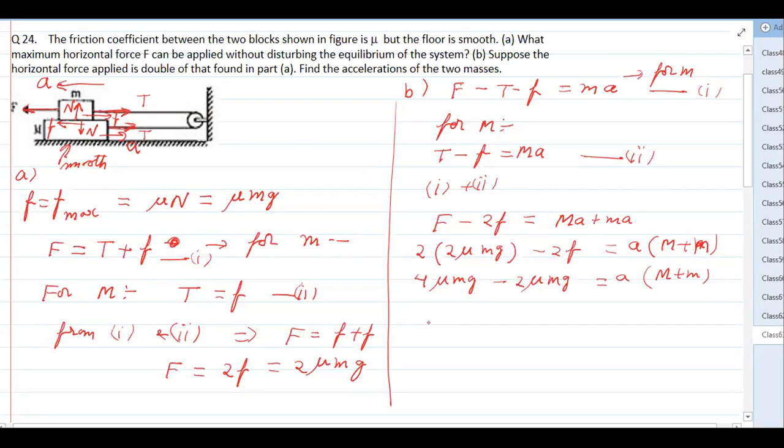So a will be equal to 2 mu mg divided by capital M plus small m. In this way we can calculate. So this will be the answer for the second part.